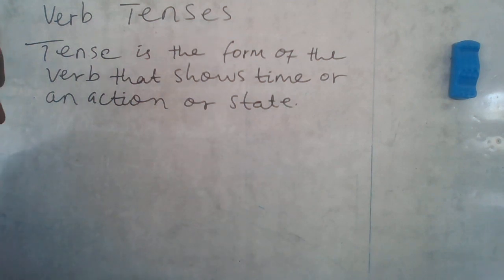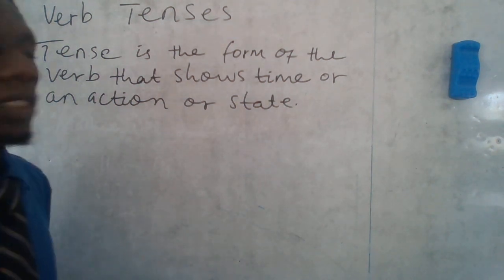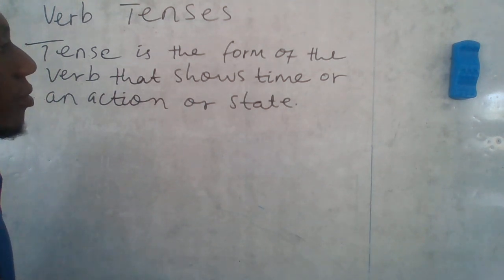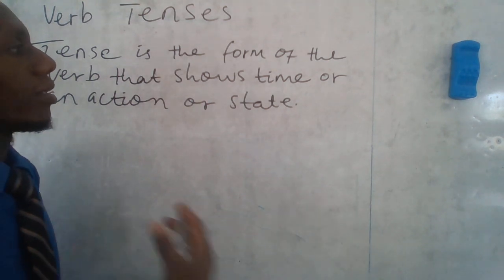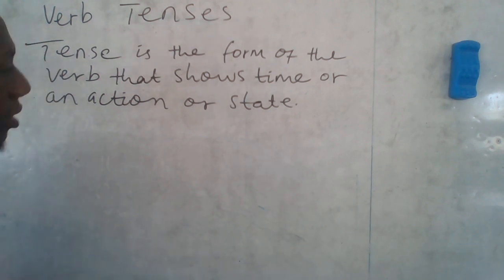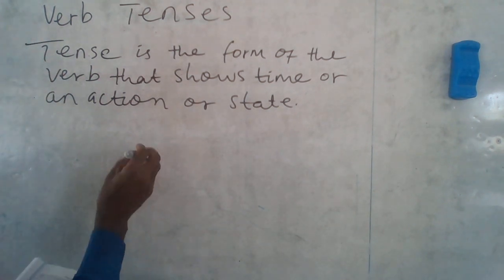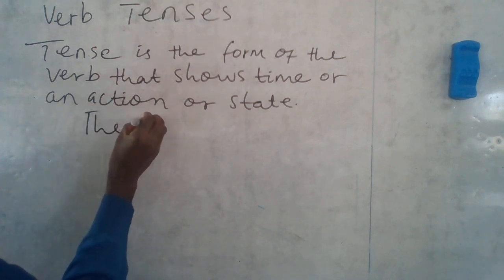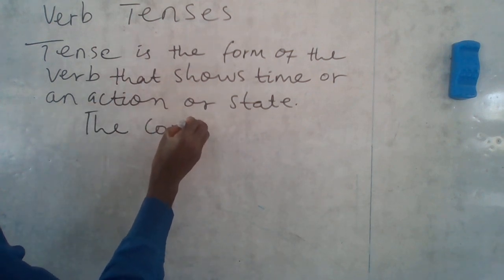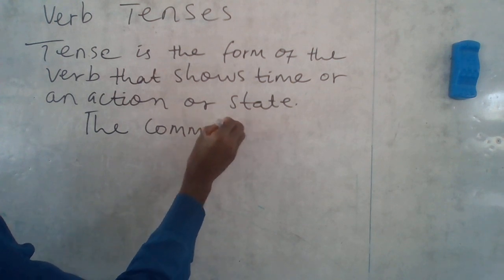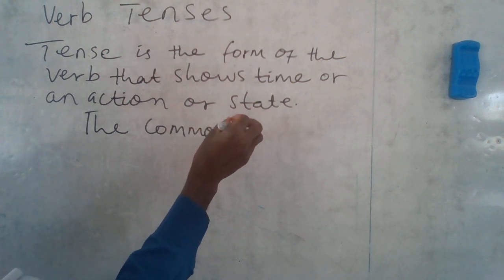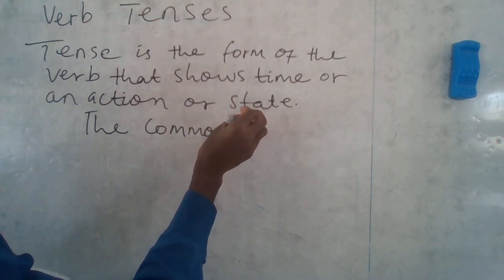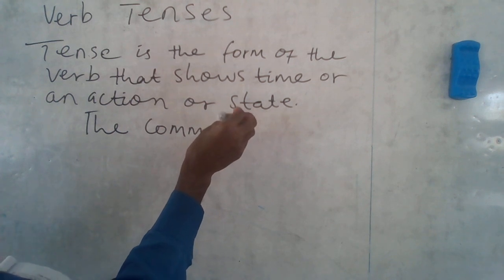So the three most common tenses are the present tense, and then past tense, and then we also have perfect tenses. Let's look at them. We have the most common perfect tenses.